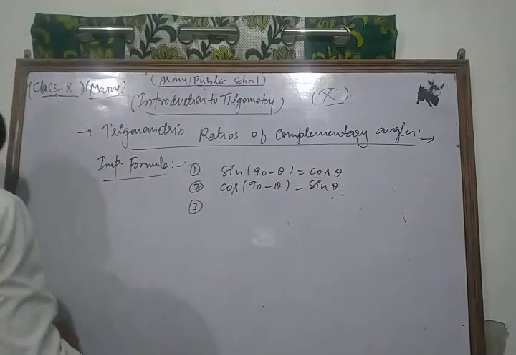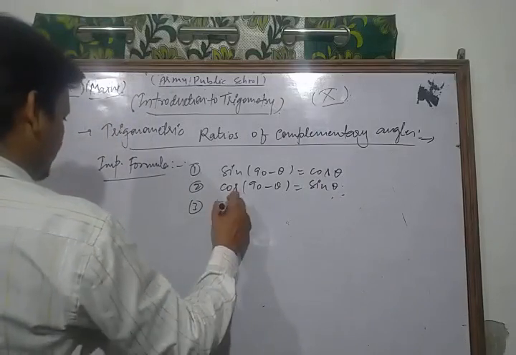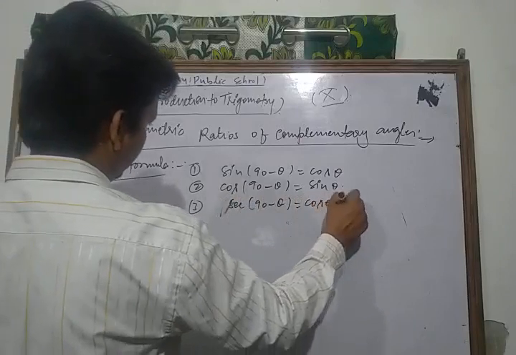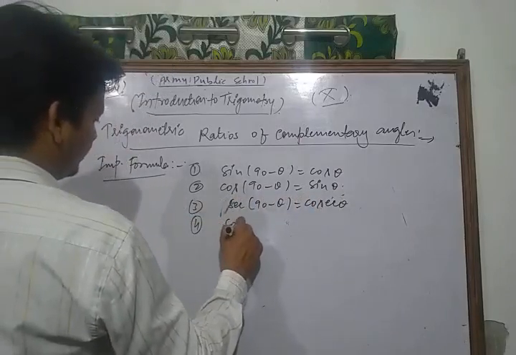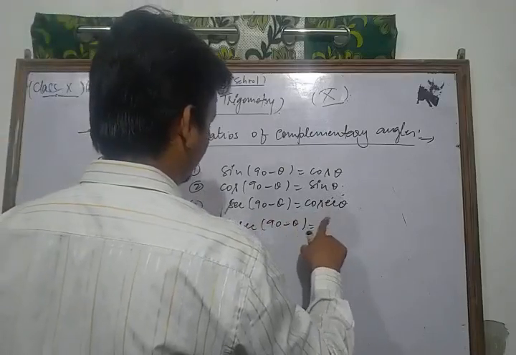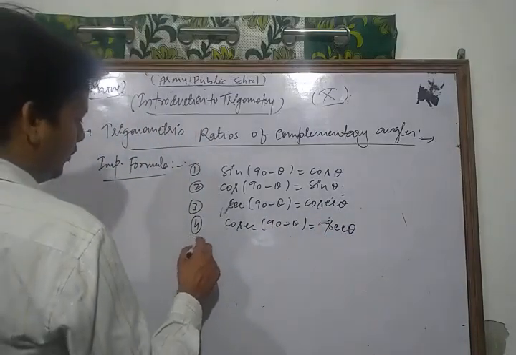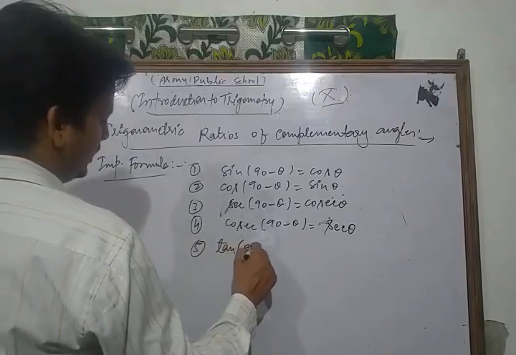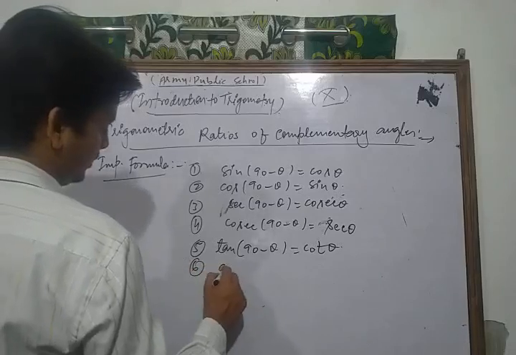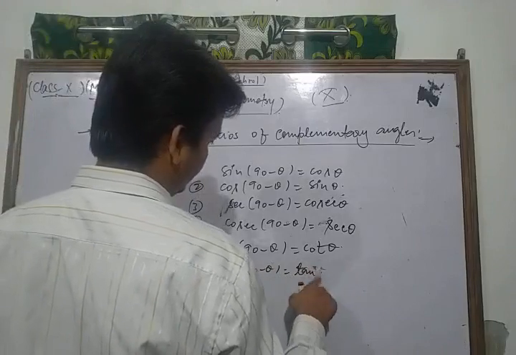Third, dear students, sec(90 minus theta) is equal to cosec theta. Fourth, cosec(90 minus theta) is equal to sec theta. Fifth, tan(90 minus theta) is equal to cot theta. Sixth, cot(90 minus theta) is equal to tan theta.